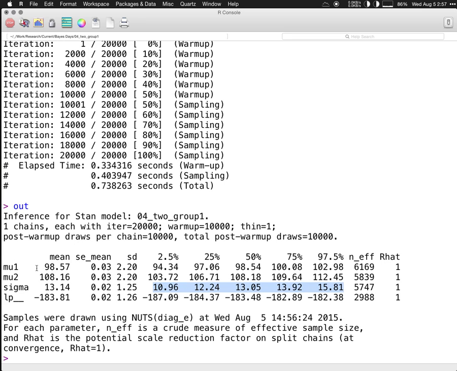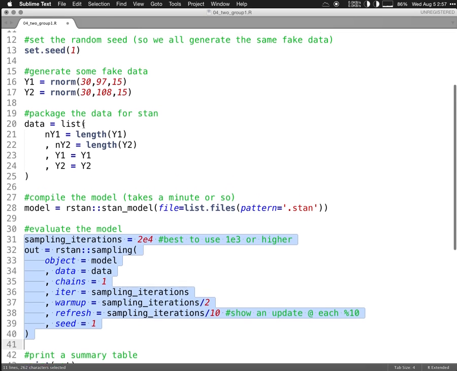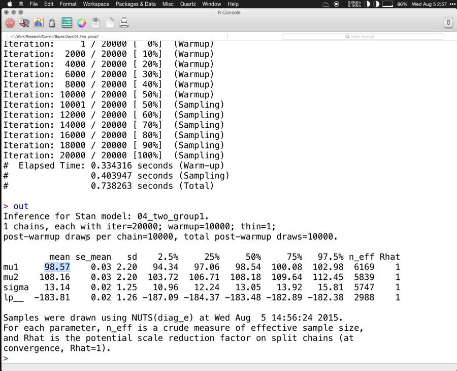And then we're looking at the mean from mu1 and the mean from mu2. Notably, they're different, but close to what we actually had, 97, 108, 98, 108. Their credible intervals exclude one another, just barely, but they do.